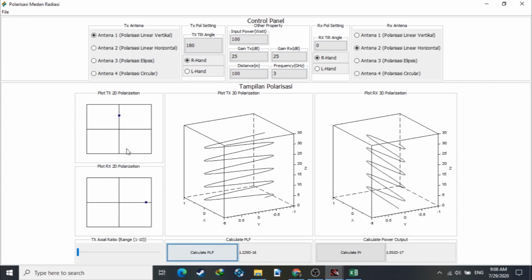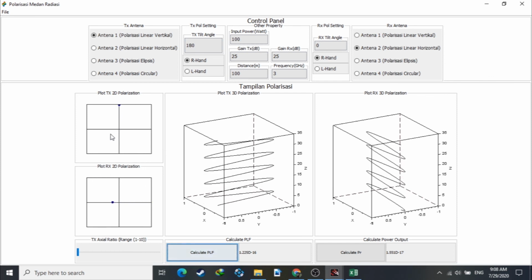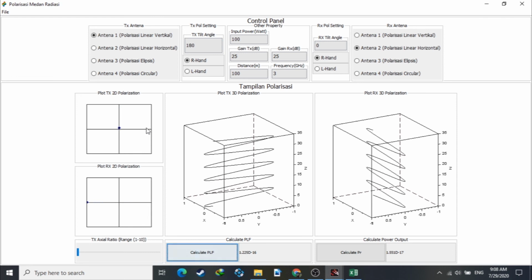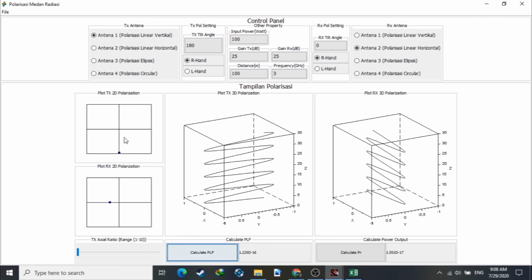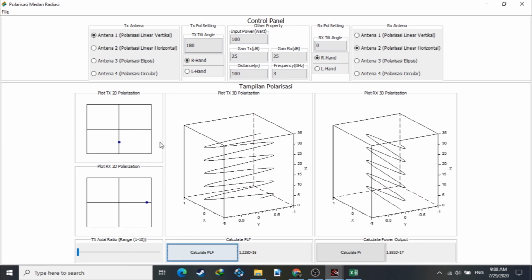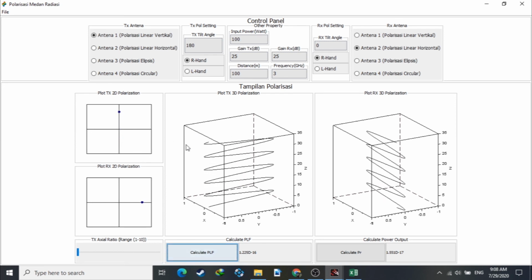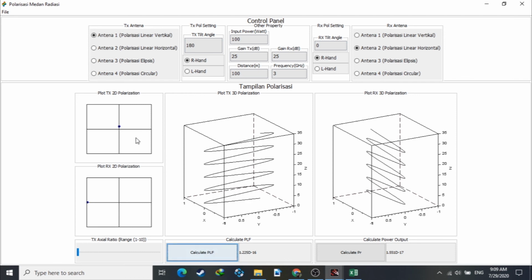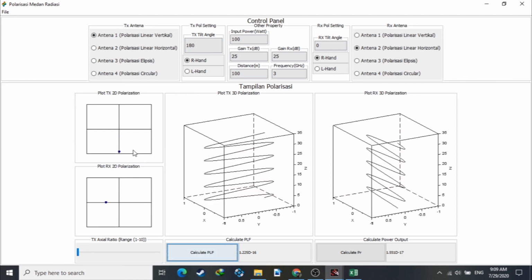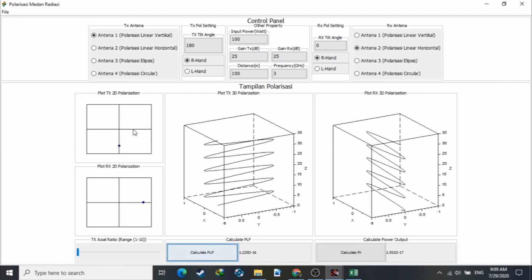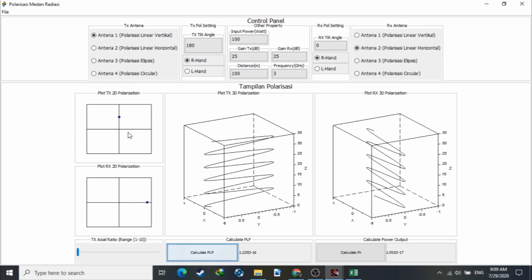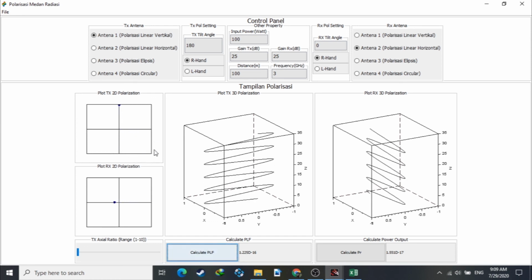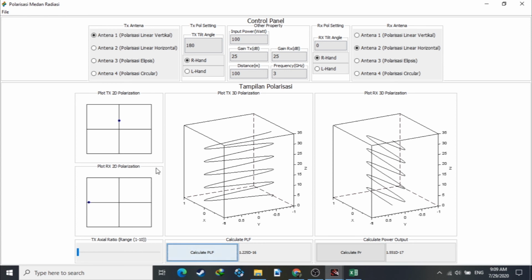If it moves in the same axis, it's going to be maximum power received because the PLF equals 1, and if it moves in a different axis, as in the example I showed you, it's going to get near 0.